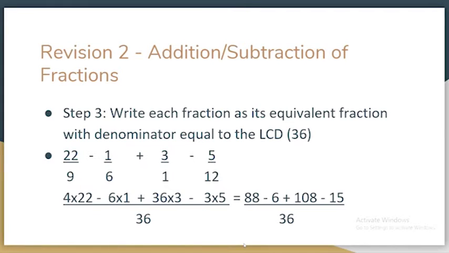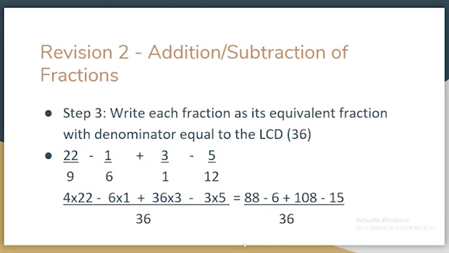We say 9. That is indeed correct. It's 9 into 36, which gives us 4, and then we multiply the 4 by 2. And the others are the same. 6 into 36 gives us 6, and we multiply the 6 by 1.